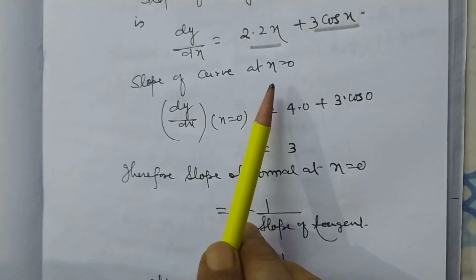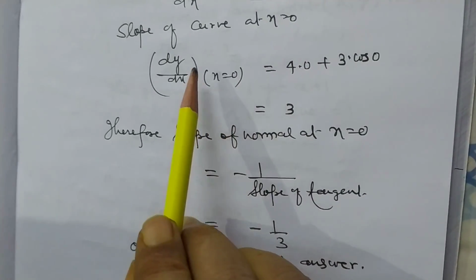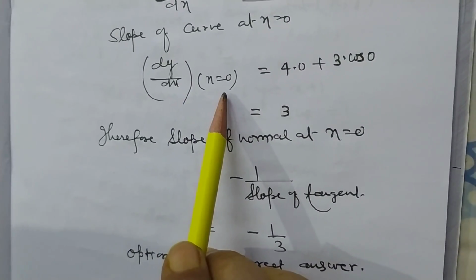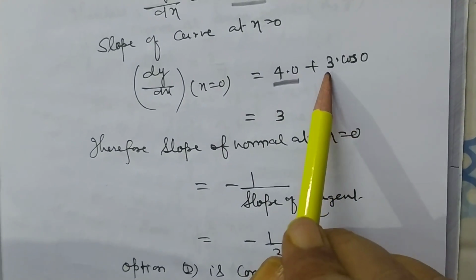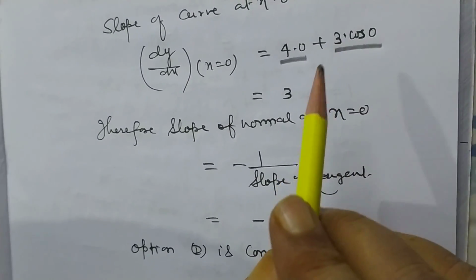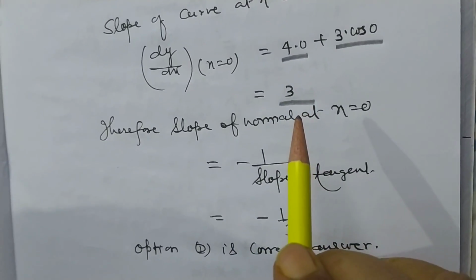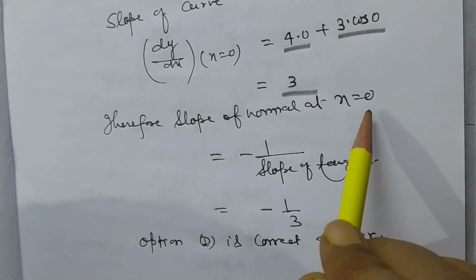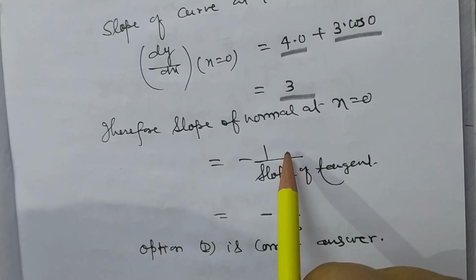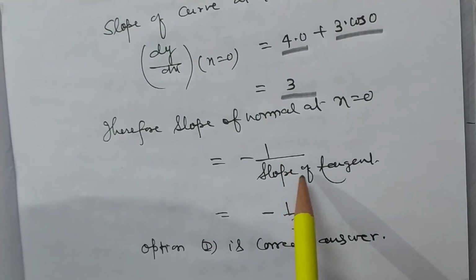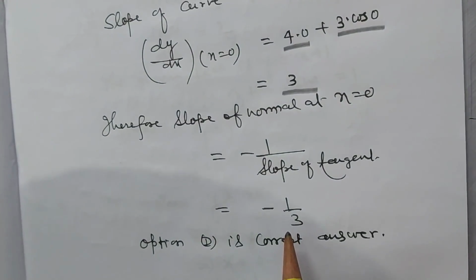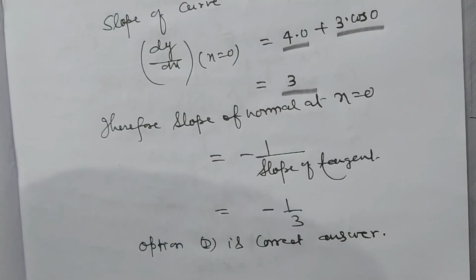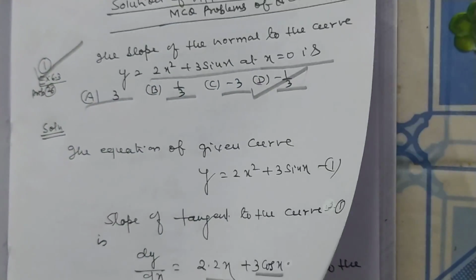Slope of the curve at x is equal to 0: dy by dx at x is equal to 0 is equal to 4 into 0 plus 3 into cos 0, that is 3. Therefore, slope of normal at x is equal to 0 is minus 1 by slope of tangent. It will be minus 1 by 3. So option D is correct.